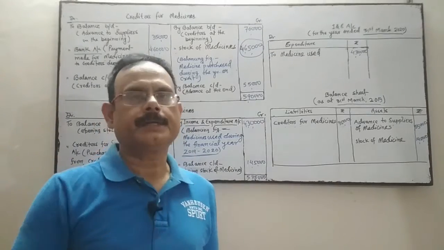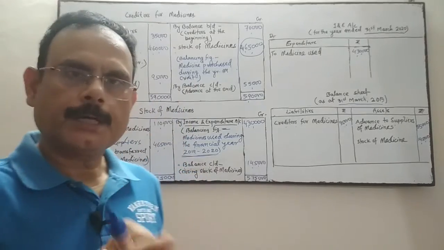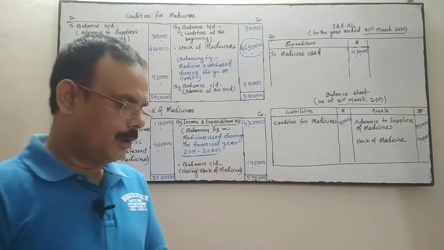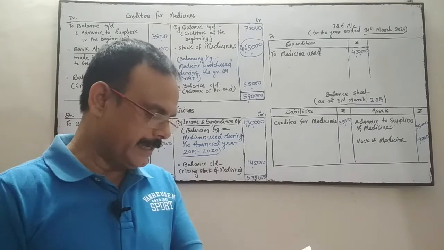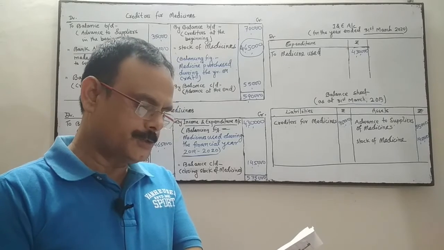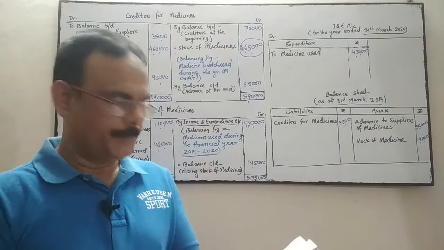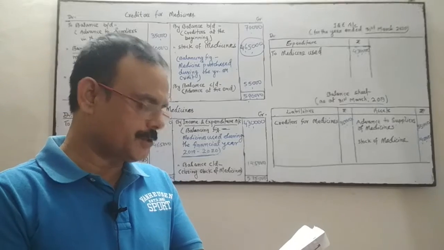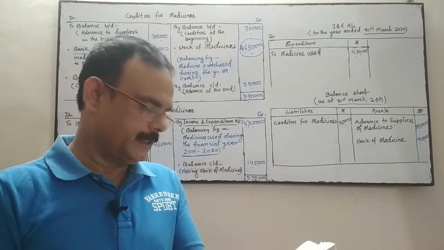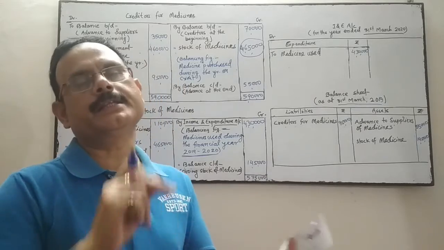Another question I have written back to back. Question number 2. In that question, all information is the same except the last information, the purchase of medicine during the year, which has been given.